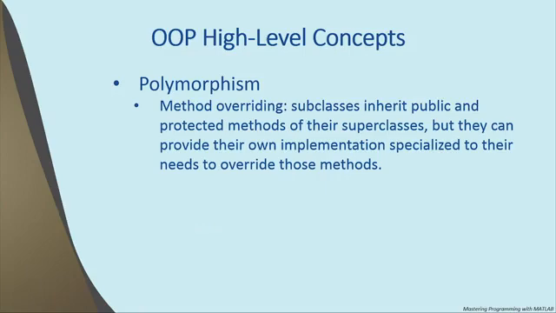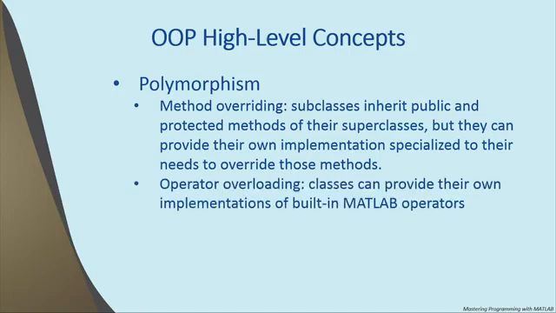For example, the contact class implemented a disp function to display the contents of its objects, and its subclass, business contact, overrode that method by redefining disp to display the contents of its objects. When disp is called by a contact object, it will behave in one way, and when it's called by a business contact, it will behave in another way. That's object-oriented polymorphism.